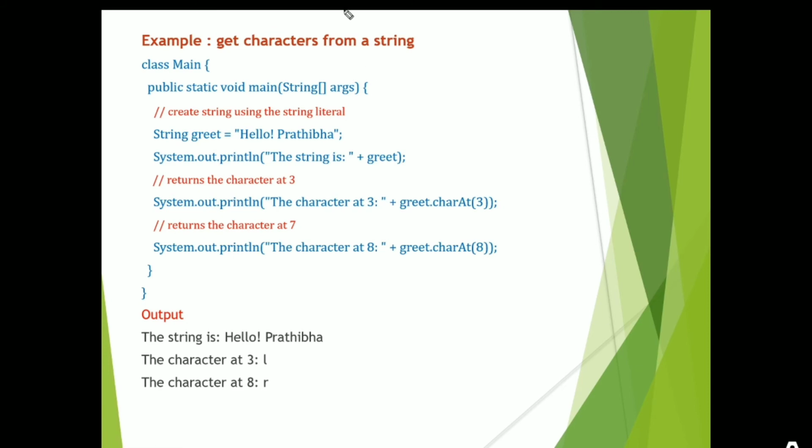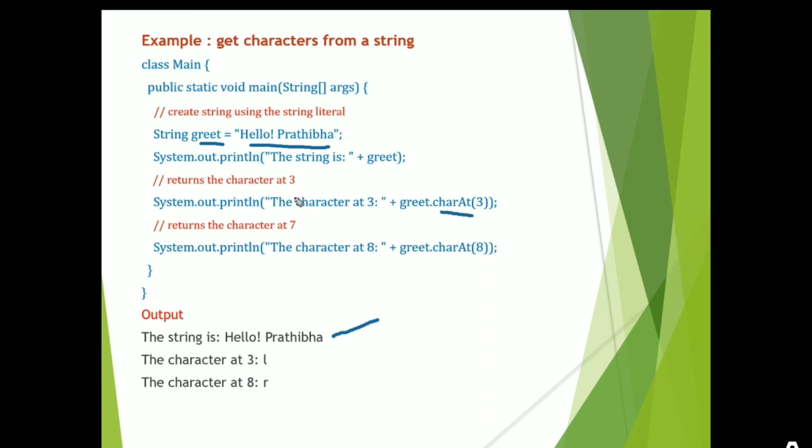Okay, this is the main method. Here we created the string object greet which holds hello Pratibha. When we display it, it displays hello Pratibha. To return the character at the third position, we have to use greet dot charAt 3.